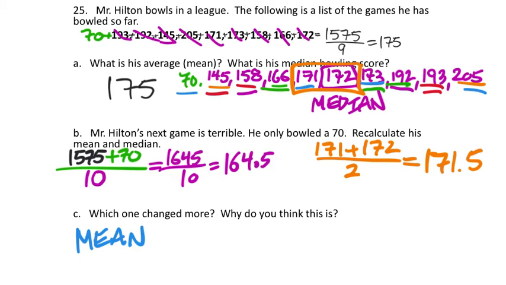Because the mean includes 70 as one of the values in the sum, whereas the median is only looking at the location of the value in the list in order from least to greatest. And that does create a huge difference. And so you can see, really by definition, these two can be manipulated really badly, depending on what you want people to think.